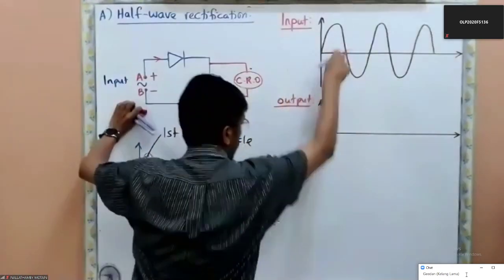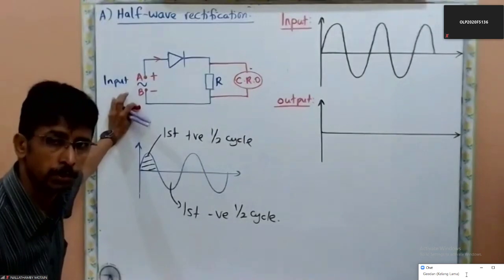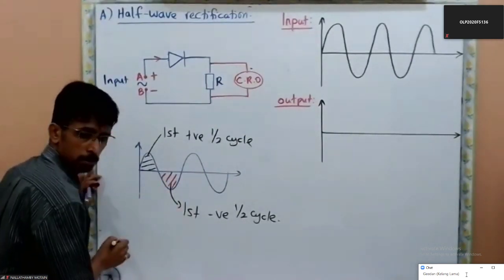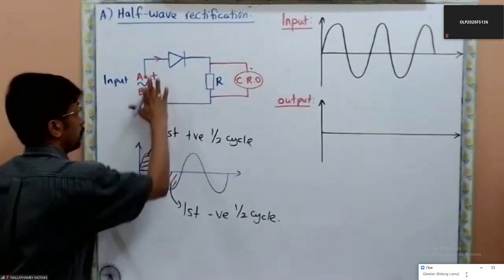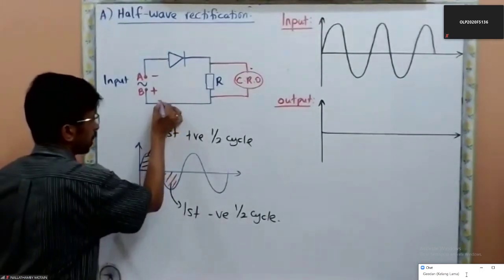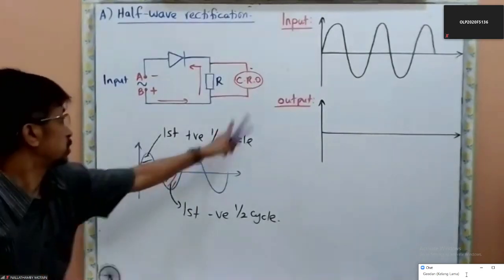That means the first half cycle flows because at that time the diode is forward biased. But we come to the negative half cycle. What happens? B becomes positive, A becomes negative. Current goes in this way. Can or not? This way cannot.